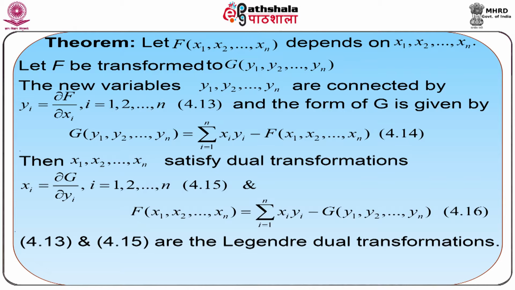That is, the variables x1, x2 up to xn satisfy the relations xi equal to del capital G del yi for i equal to 1, 2 up to n, and capital F, which is a function of x1, x2 up to xn, equals summation i equal to 1 to n xi into yi minus capital G, a function of y1, y2 up to yn.